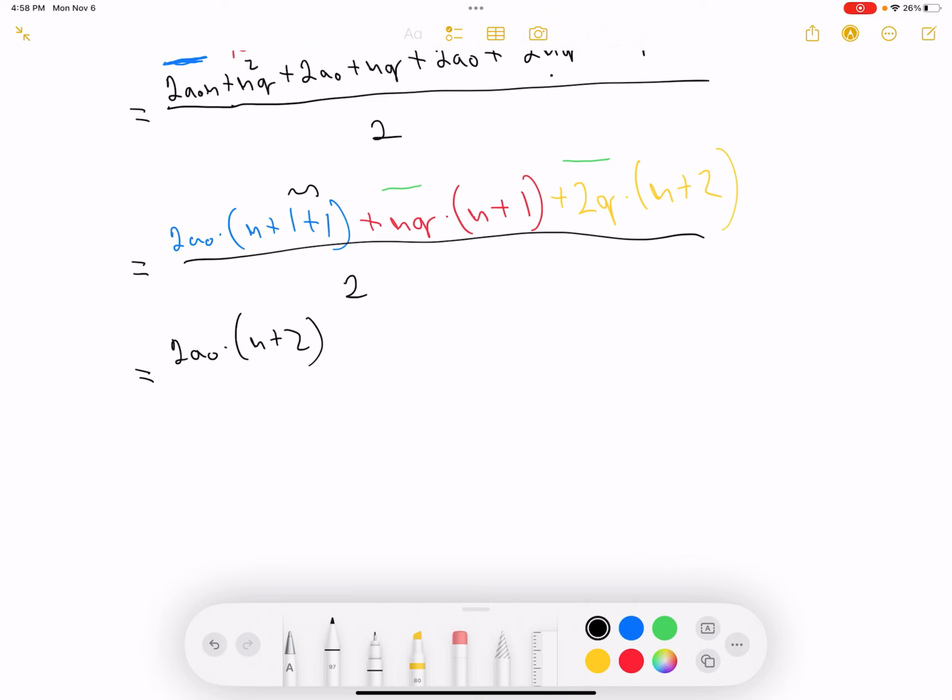Let's say plus, and now we can say just q times n plus 1 times 2, no, plus 2. That doesn't seem like it's going to lead anywhere.